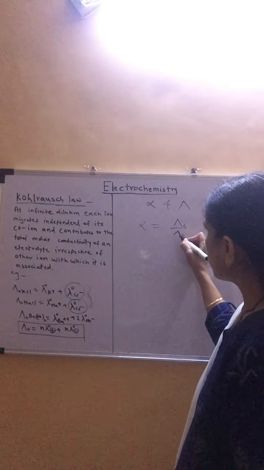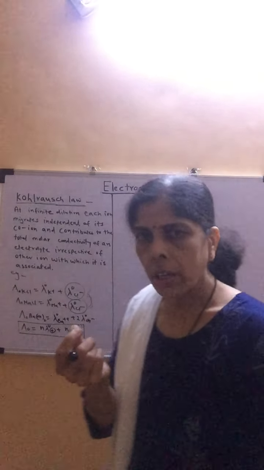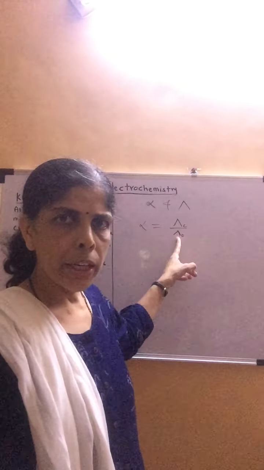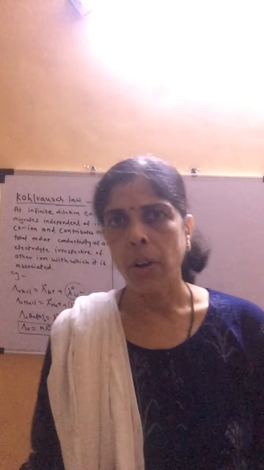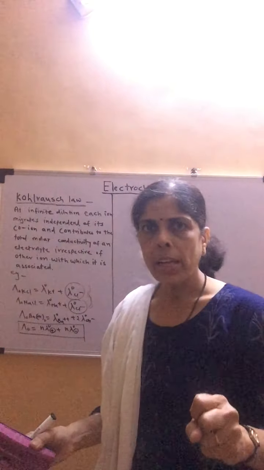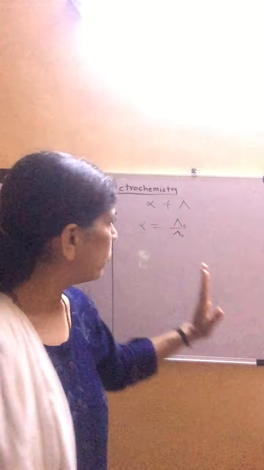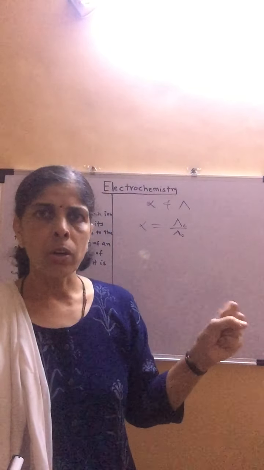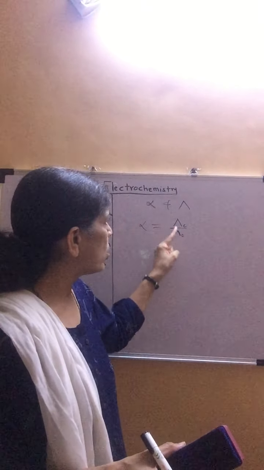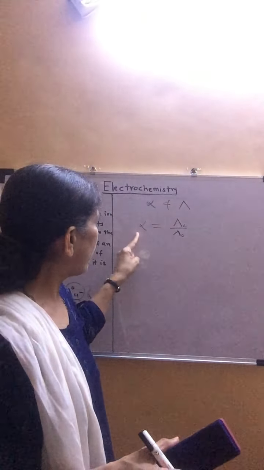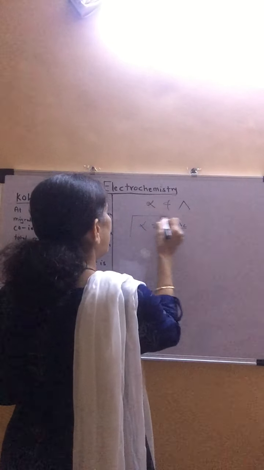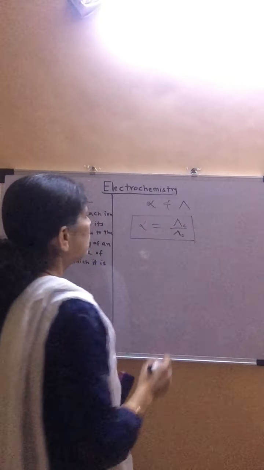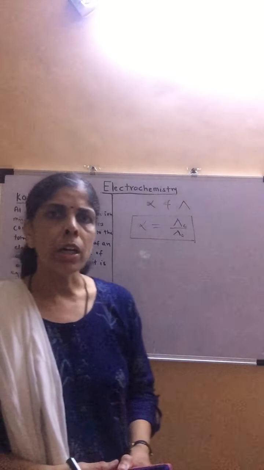So it is the ratio of molar conductivity at a particular concentration upon molar conductivity at infinite dilution. At infinite dilution, all the ions are formed, the entire electrolyte undergoes dissociation, and out of that, how many moles of the electrolyte have undergone dissociation leads to molar conductivity. So alpha is equal to lambda C upon lambda naught. That is the relationship between degree of dissociation and molar conductivity for the weak electrolyte.